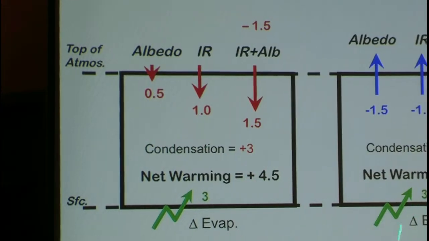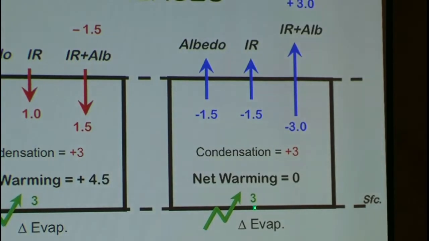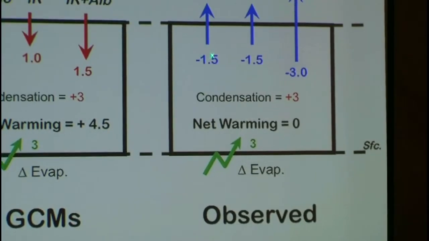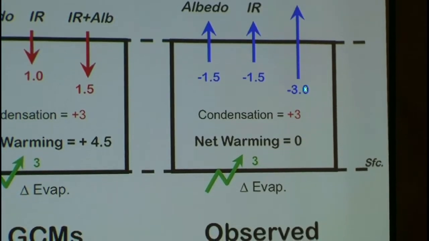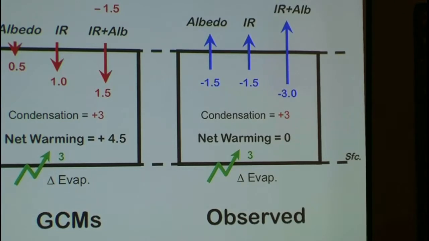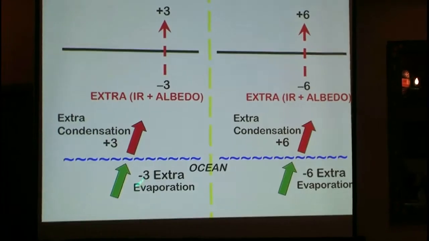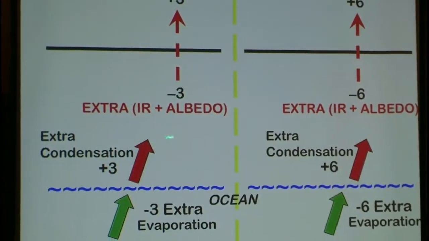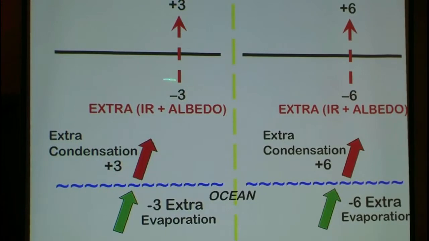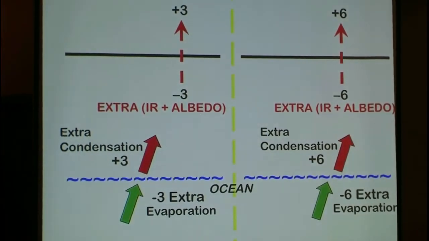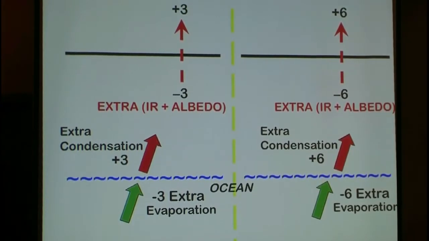We see from the data you get an extra 3 units of evaporation, you get 3 units of condensation warming, but you get more flux out to space, and this pretty well balances this, and you don't get warming. And a hypothesis I have is the more rain, the more flux to space. The troposphere can't store energy. It can a few days or so, but over the long run it can't store energy.